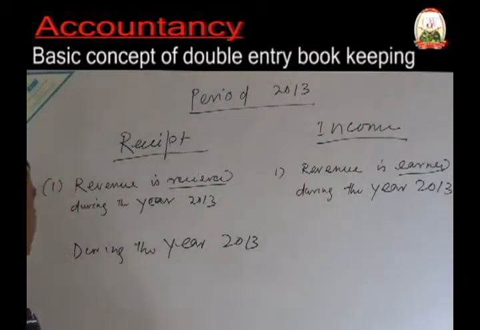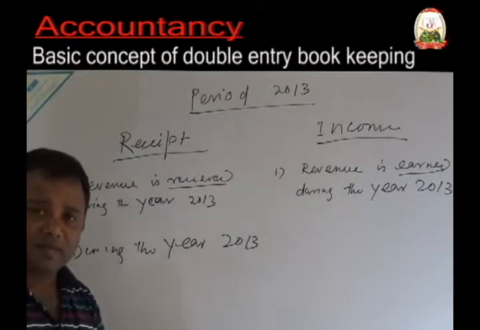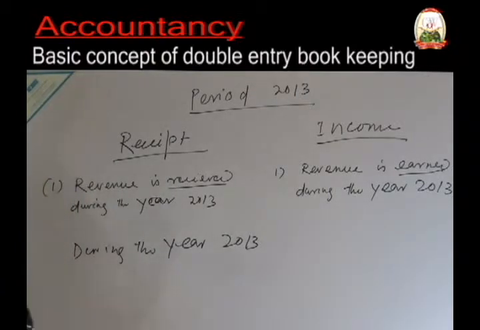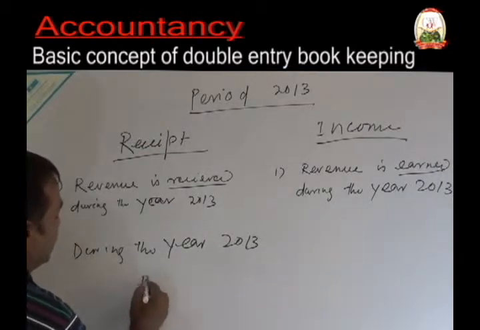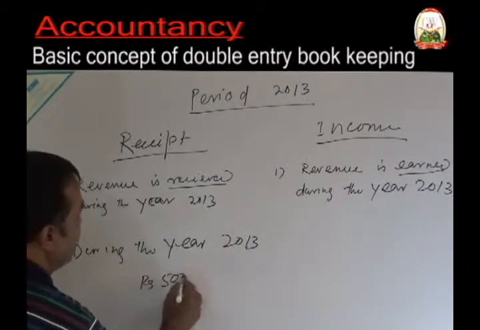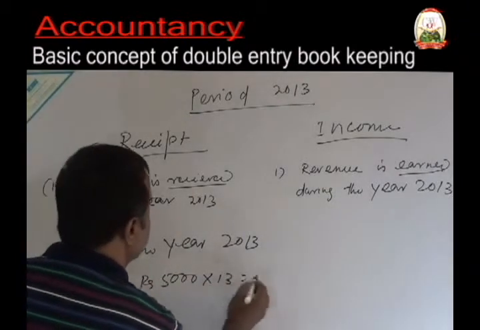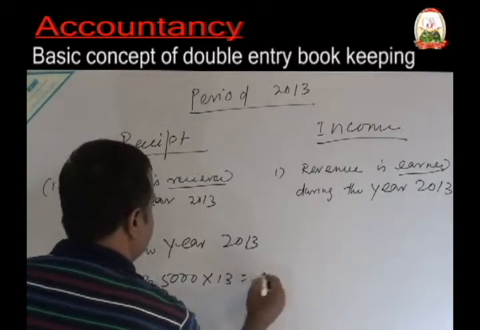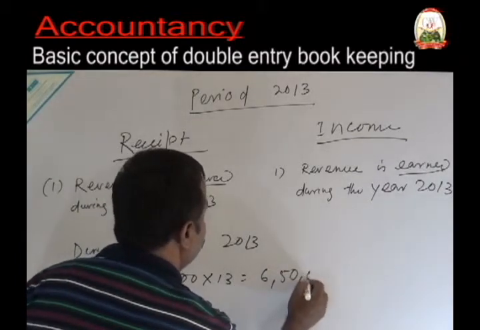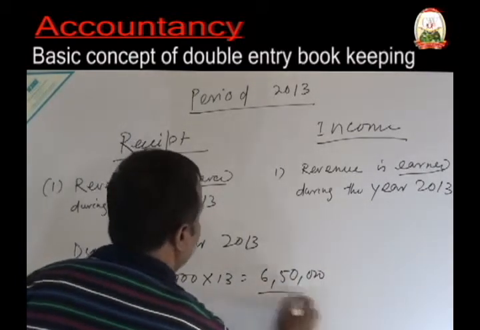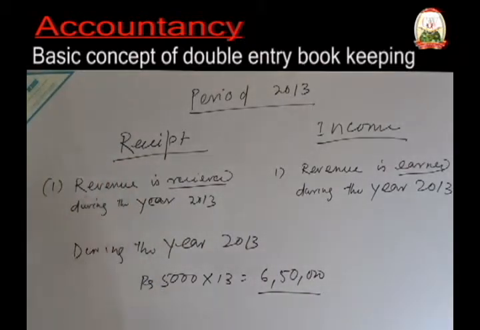Suppose your father's salary per month is 50,000. Your father has received the income of rupees 50,000 into 13 months, 6,50,000. That is your income received.